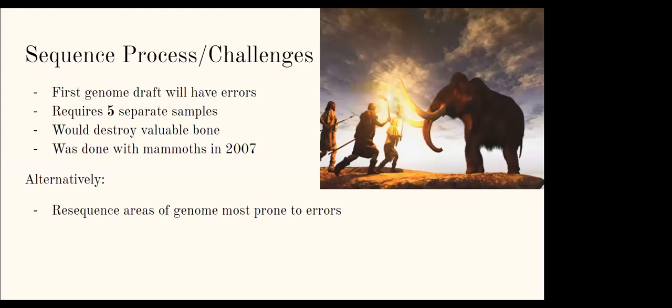So an alternative option that was offered up would have you resequencing areas of the genome that are most prone to errors, and you would do this a couple dozen or even hundreds of times, and this would make that first genome draft more accurate.